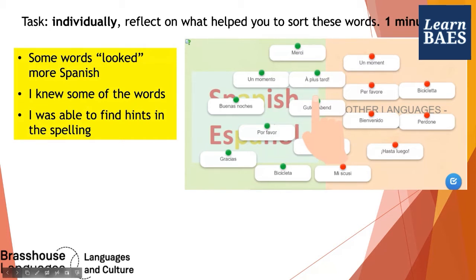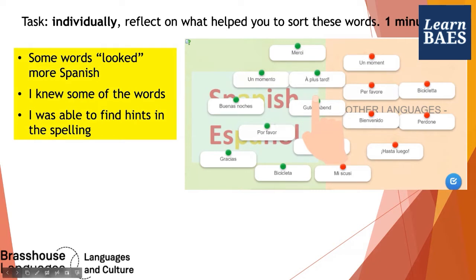I knew some of the words, and also a couple of the words looked more Spanish, but it was a bit of a guess as well. Yeah, I agree. I think it's maybe the spelling, because Spanish words, you can say them as they're spelled. Other languages, the pronunciation is different.